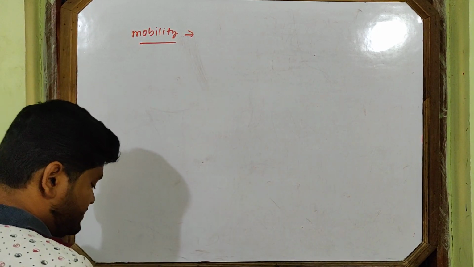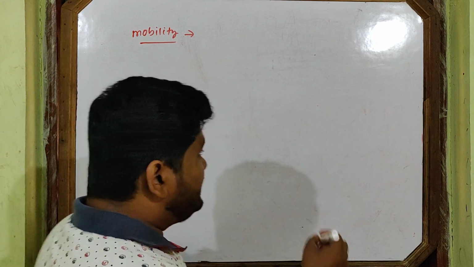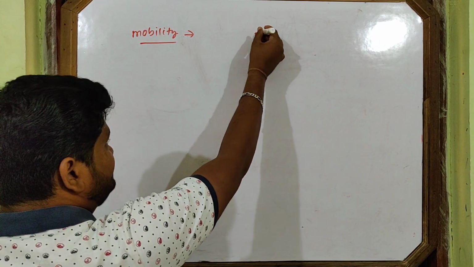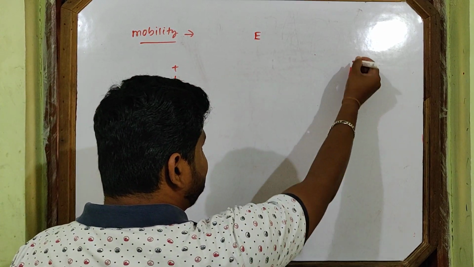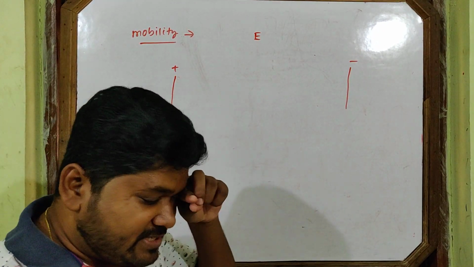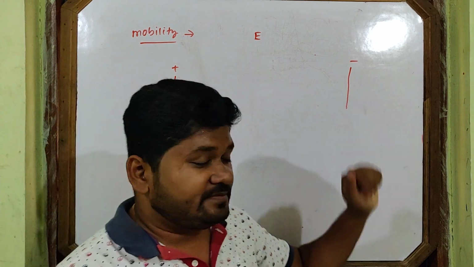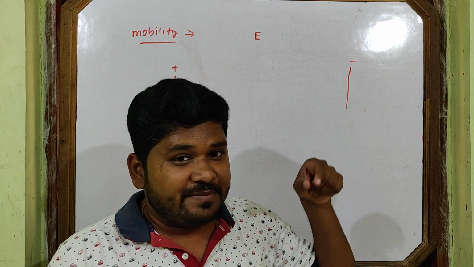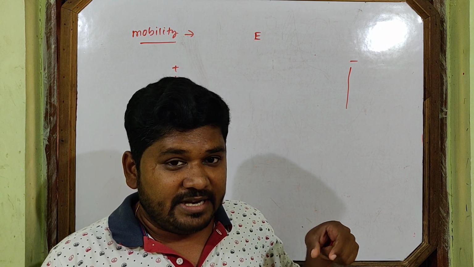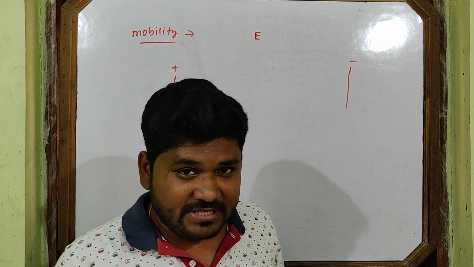Now let's find what mobility is. How will we find this mobility? We give a particular electric field. This is the positive plate, this is the negative plate, and the electric field is here. If I keep a charge between them, it gets accelerated, it gets affected.